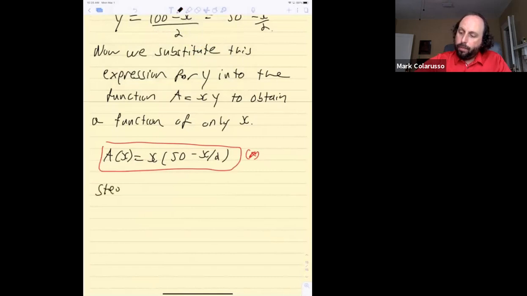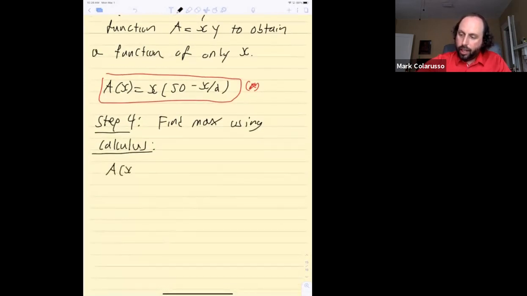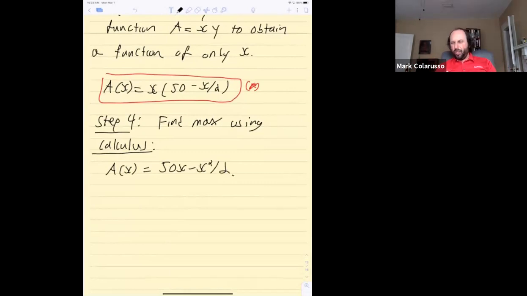Now step 4 is find the maximum using calculus. So we have A of x, and again, simplify this a bit so you don't have to use the product rule to construct the derivative. All right, so you have A of x is 50x minus x squared over 2.